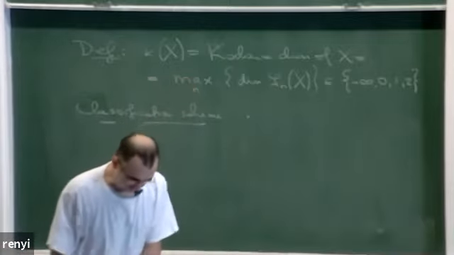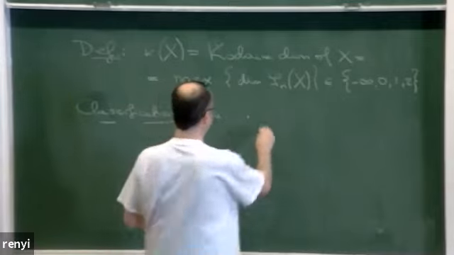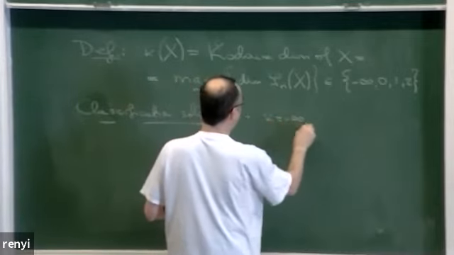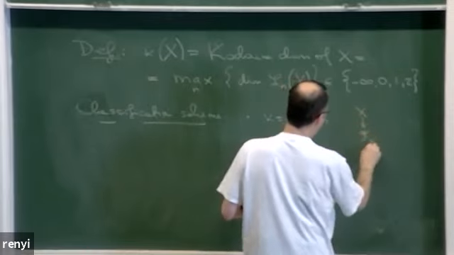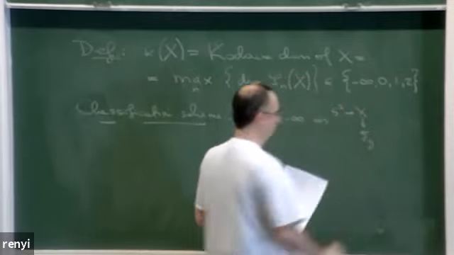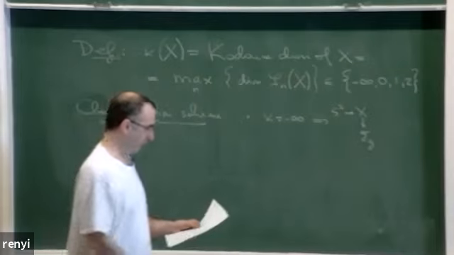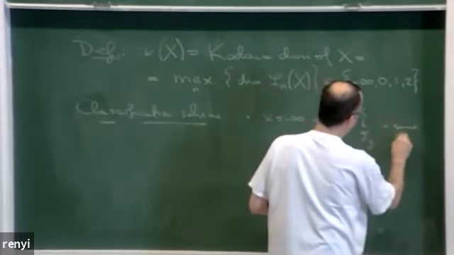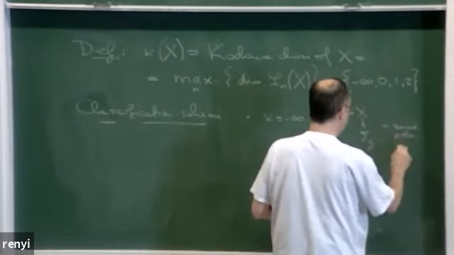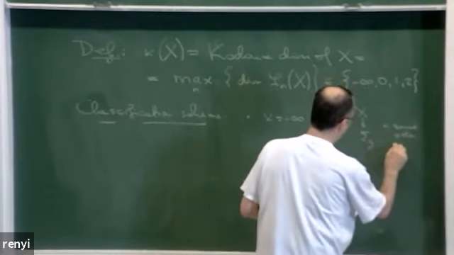So if kappa is minus infinity, then X is an S^2 bundle or CP^1 bundle over a curve plus some other examples.